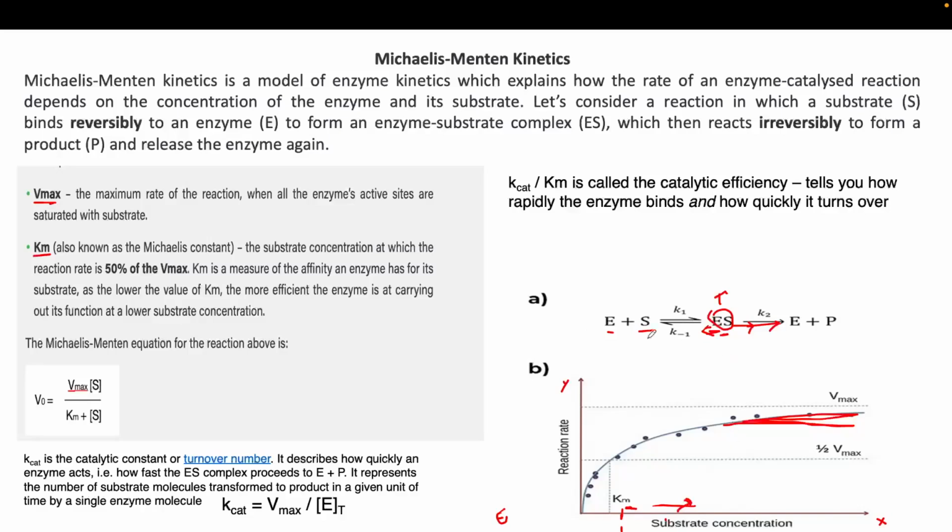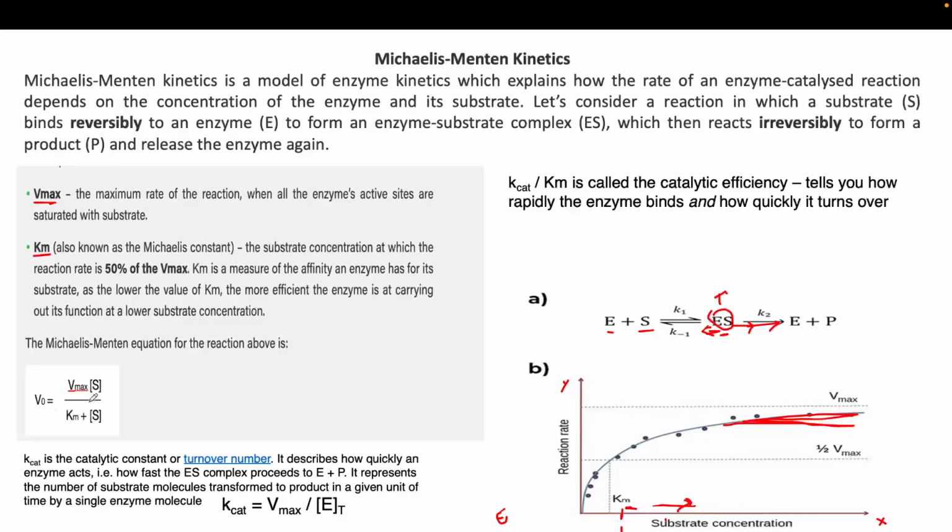Km is the substrate concentration at which the reaction rate is 50% of the Vmax, where the enzyme reaches half of its maximum velocity.